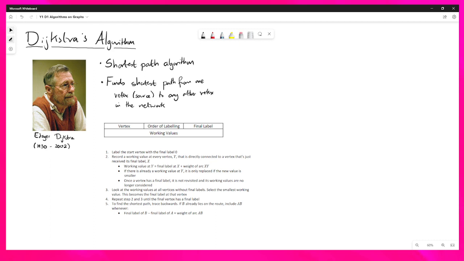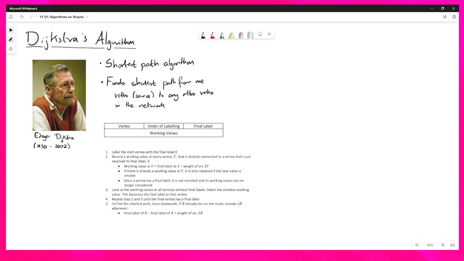So the shortest distance from the start vertex to itself is 0. So the working values is the main thing here. What you will do is write down the shortest distance from the vertex you are currently looking at to all vertices directly connected to it.